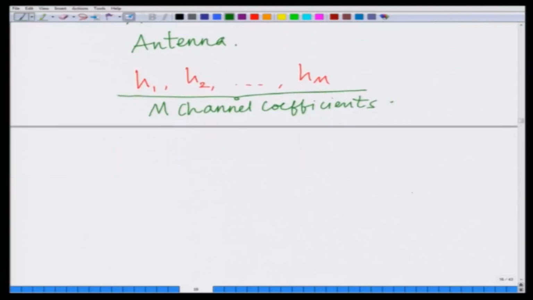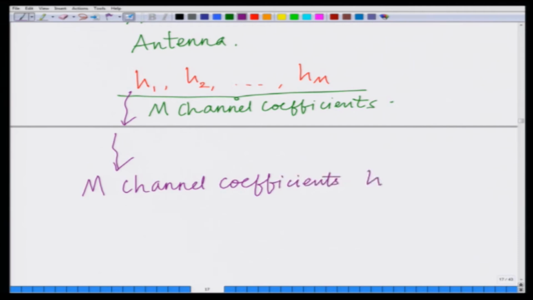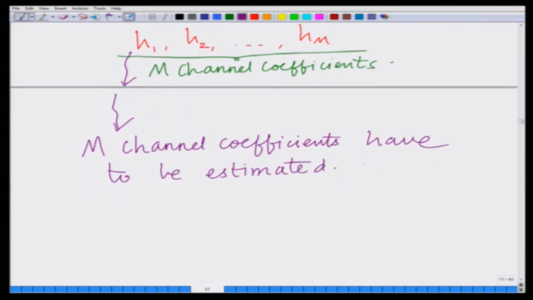Therefore, these M channel coefficients can now be stacked as a vector, these can be considered as a vector H bar, and that channel vector H bar has to now be estimated. Therefore, this leads to a vector parameter estimation. So, to put it more explicitly, M channel coefficients have to be estimated.